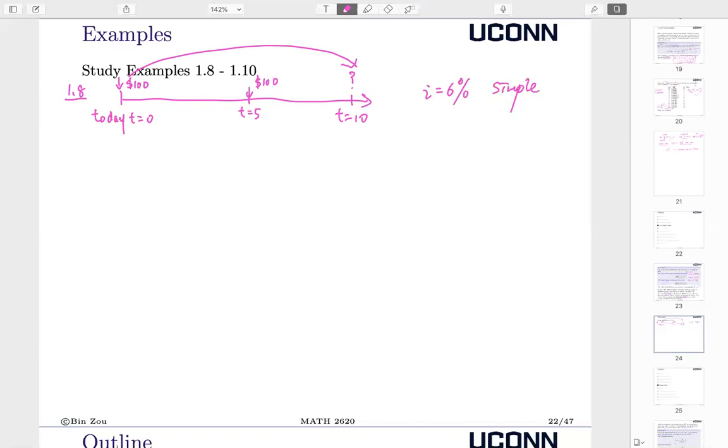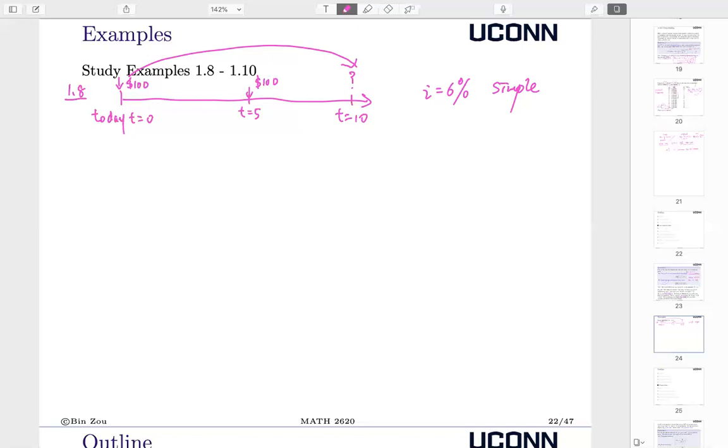So basically, what I have done so far is to translate the question into a mathematical format. Here I have a timeline denoting money in, money out, and then I write down the interest rate, and I put simple to denote this is a simple interest rate per annum.